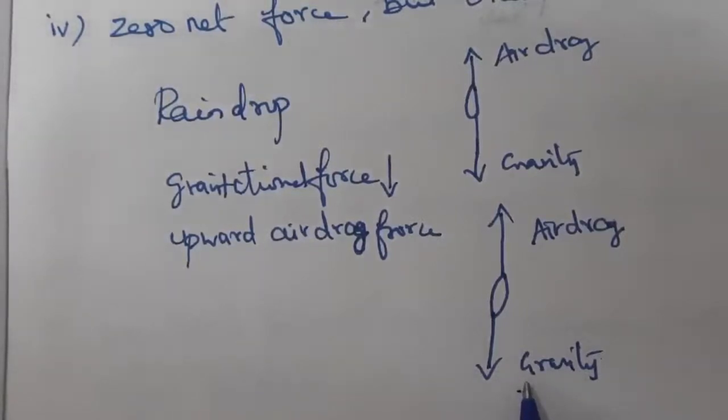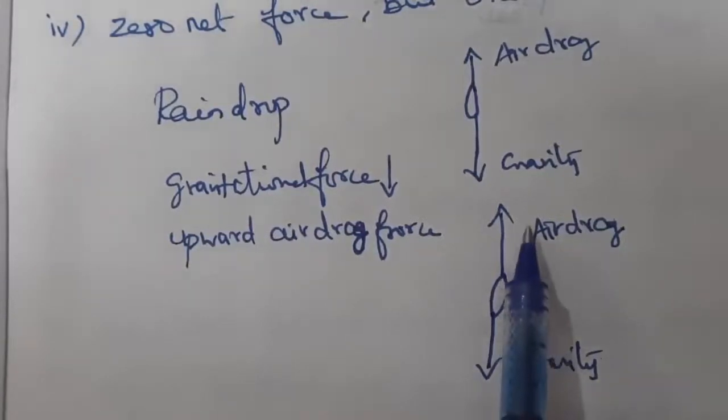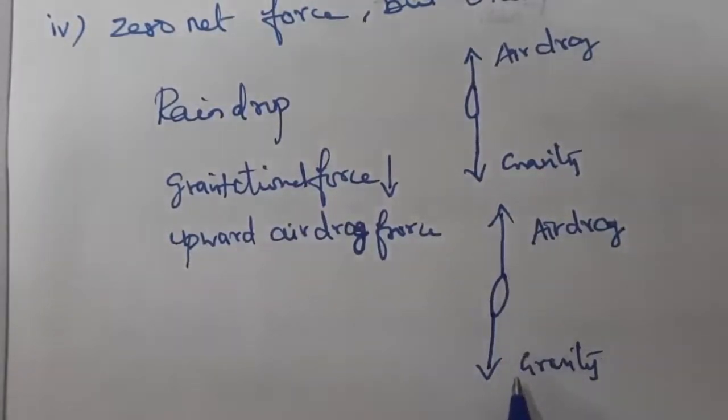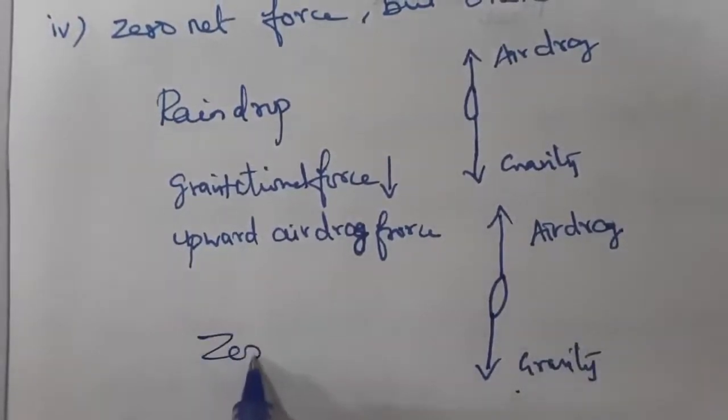So from this we can understand there is zero net force. This upward force and this downward force get cancelled, equal and opposite. So there is zero net force acting on it.